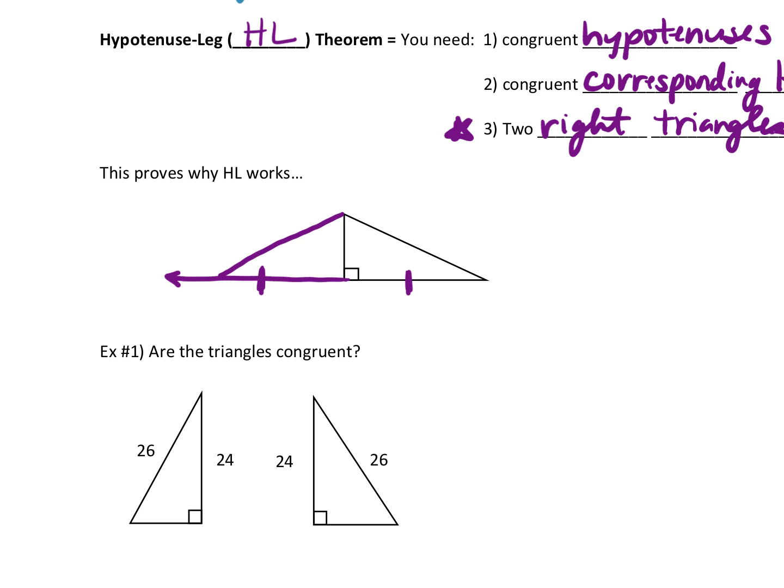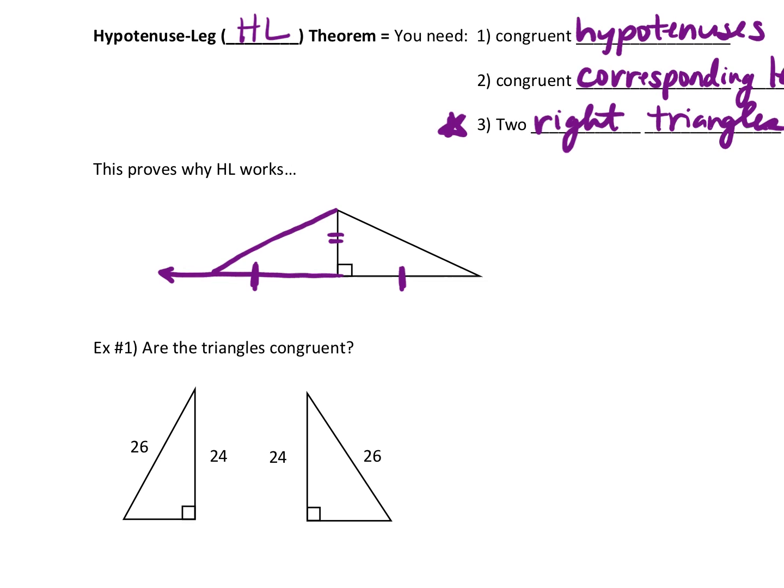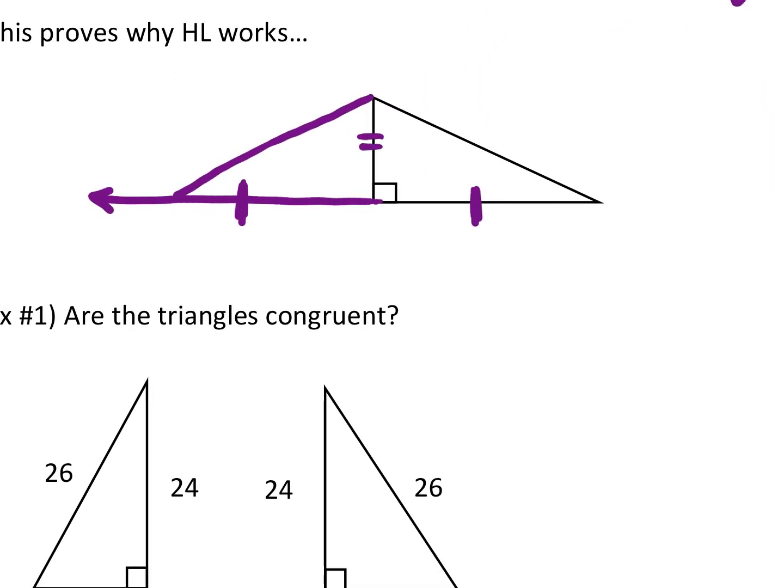I also know then that this side is reflexive on those two triangles. And then here's where the right triangle part of it comes into play. This is 90. What's this? A right angle, okay? This is the only type of triangle where if the one is a certain measure, the other has to be the same measure, because 90 plus 90 equals 180, right? It forms a straight line.